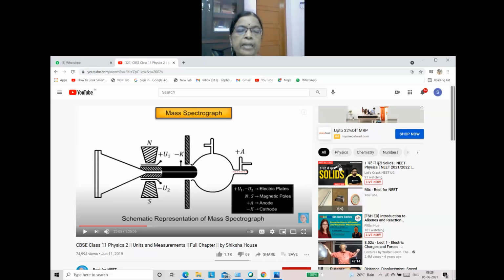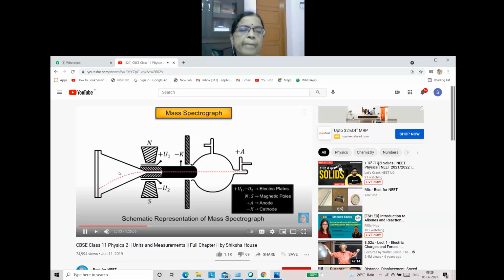Here they have shown in the figure the particles moving along, and electric and magnetic fields are provided. If a particle is more massive, it will bend more. You can see that bend, which depends on the mass of the particle.